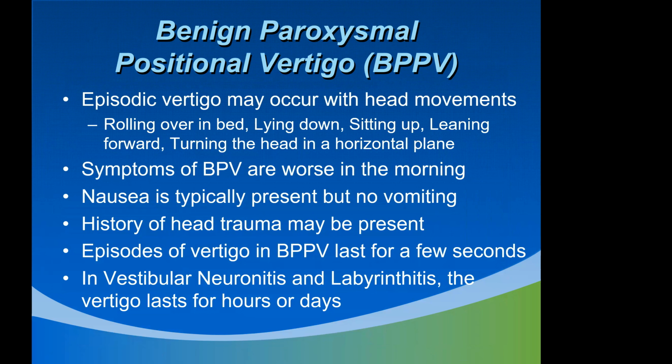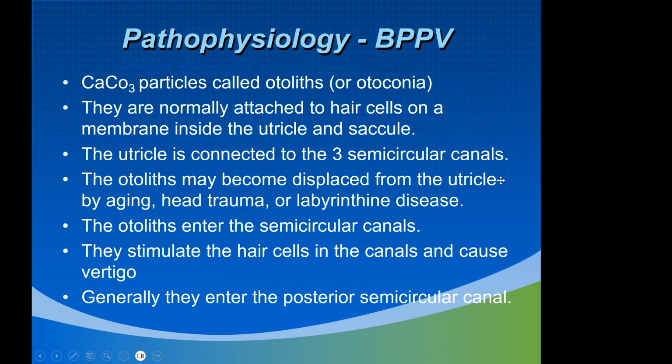Whenever he changes the position of the head, symptoms of BPPV are worse, always in the morning. Nausea is typically present, but there is no vomiting. Head trauma may be there. Episodes of vertigo in BPPV last only a few seconds. In vestibular neuronitis and labyrinthitis, the vertigo lasts for hours or days.